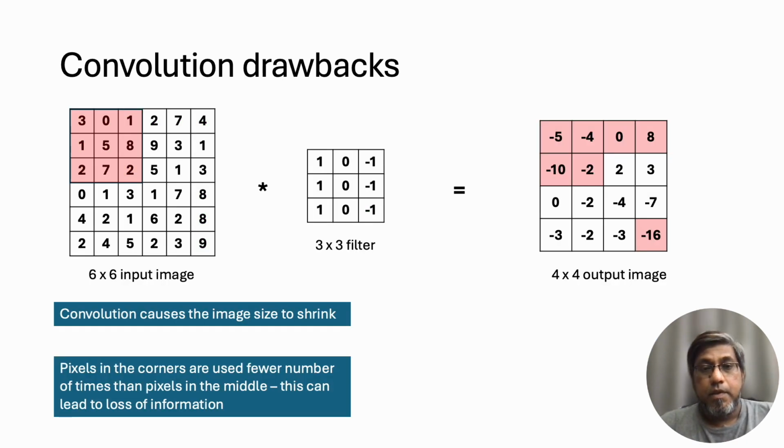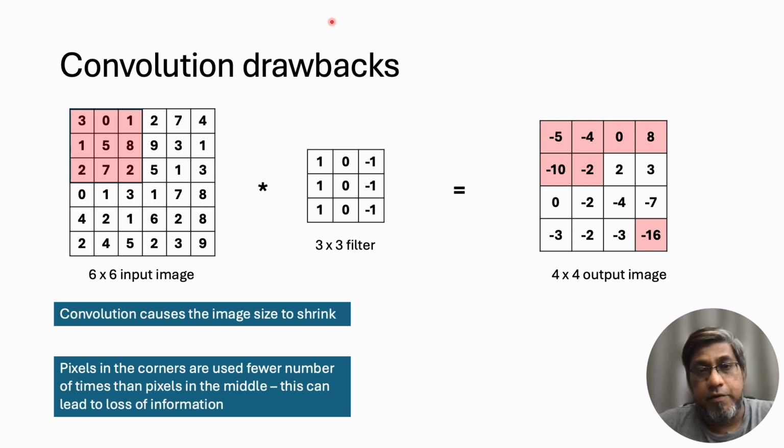Okay, now that we have seen convolution for the single channel case as well as the multiple channel case, let us see now what are some of the drawbacks of the convolution operation and how those drawbacks can be addressed to remove the deficiencies of the convolution operation.